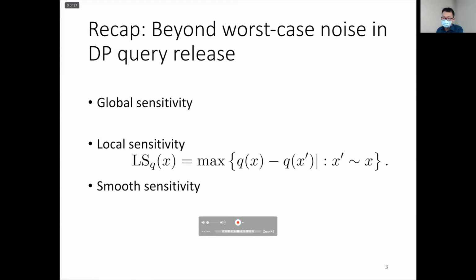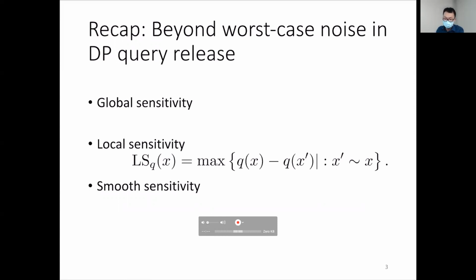Last time we started the new chapter on going beyond the worst case noise in differentially private algorithm design, and we talked about differentially private query release. As a recap, the key concept in differentially private query release is to calibrate the noise with a scale parameter proportional to the sensitivity of the query itself.